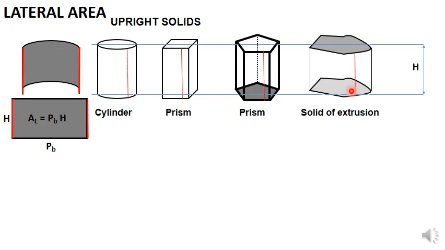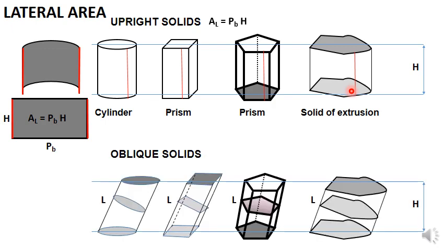Now, what will happen if these solids are oriented at an angle? Say we have oblique solids. How do we compute the lateral area now? By the way, the lateral area is the area on the side of the solid.